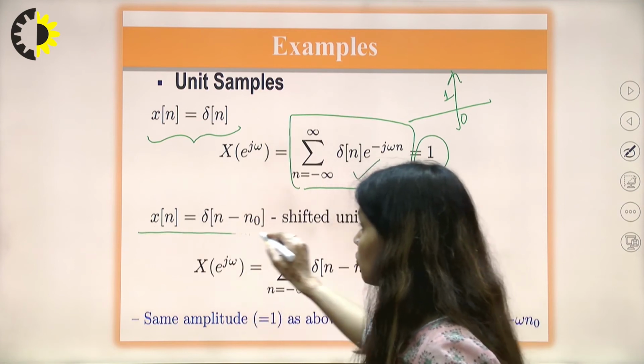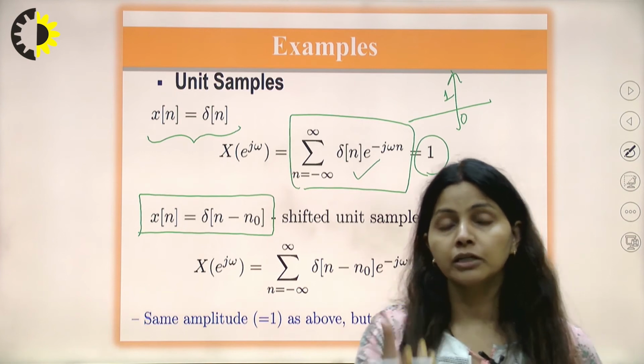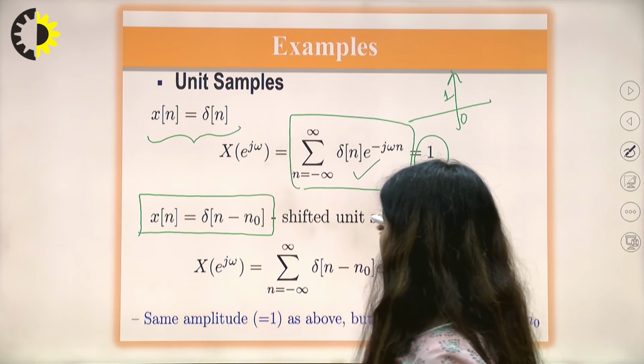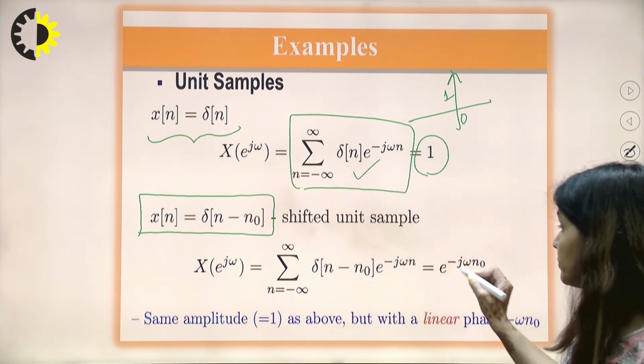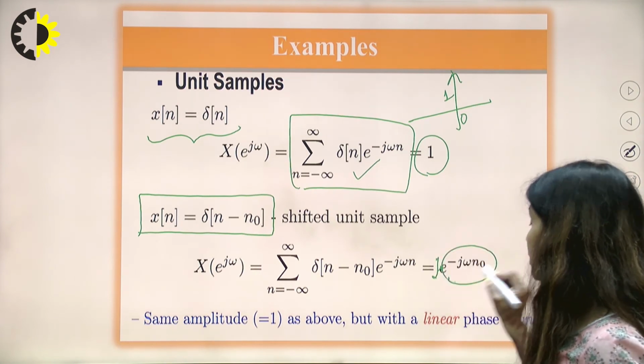And here one more important thing: when we shift the unit impulse function by some n naught in the time domain, the Fourier transform will be 1 multiplied by e raised to the power minus j omega n naught.